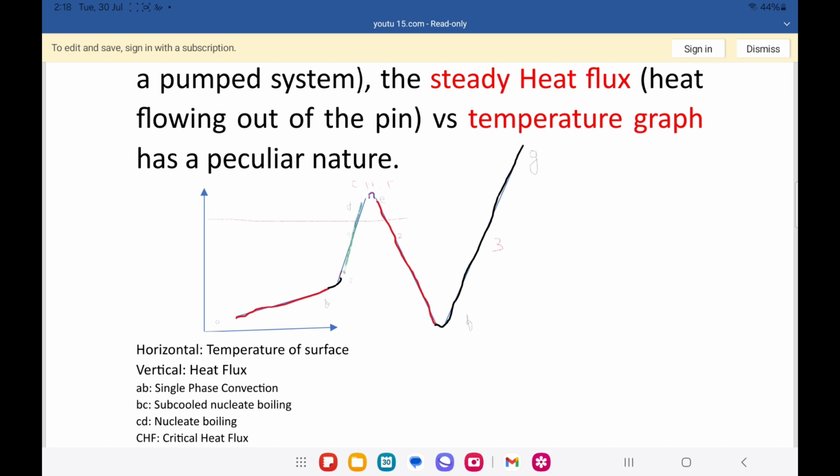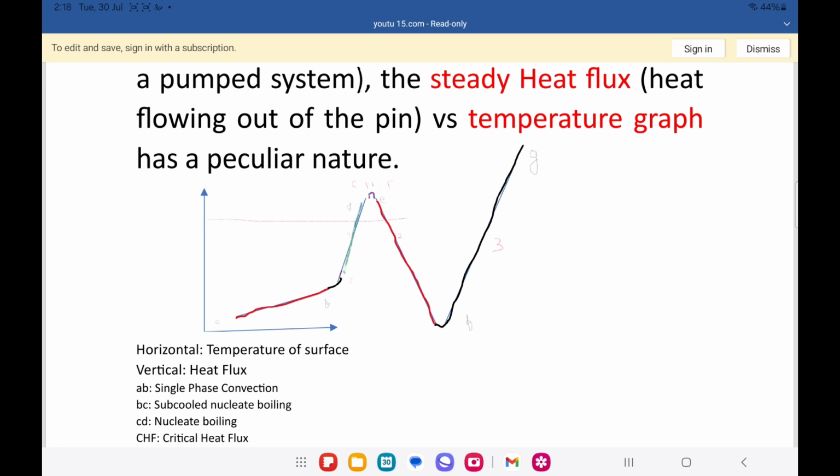It touches a critical heat flux where the nucleate boiling changes its nature, moves towards the film boiling zone, goes through a transition boiling zone, and touches the film boiling zone.